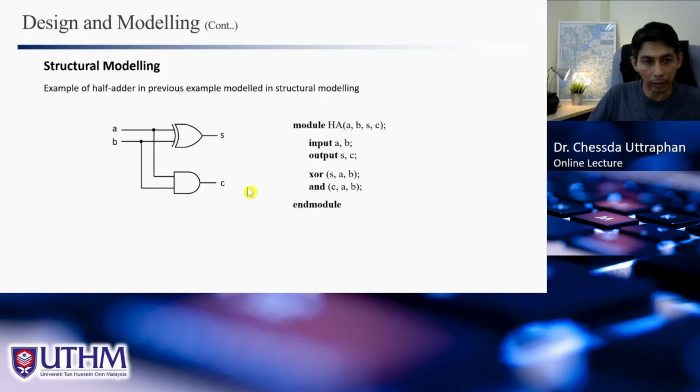Okay, so this is another example. The half adder can be described using structural modeling as well. XOR with A, B and output, then we get the half adder circuit.